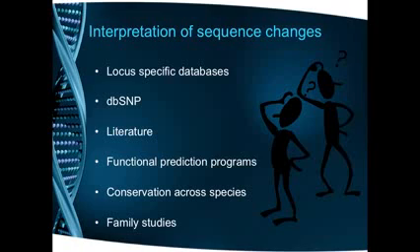They're research tools, but they predict whether a change has a functional effect on the protein, and examples of that are SIFT and PolyPhen. And then we look at conservation across species of the amino acid as well as of the nucleotide. And whenever we can, we do family studies to see whether the change segregates with the disease.